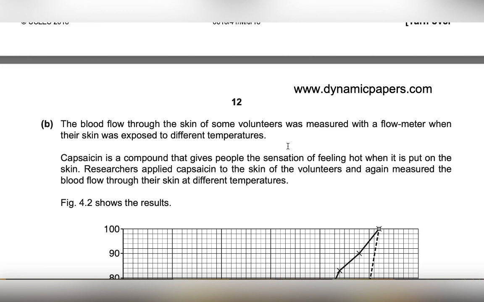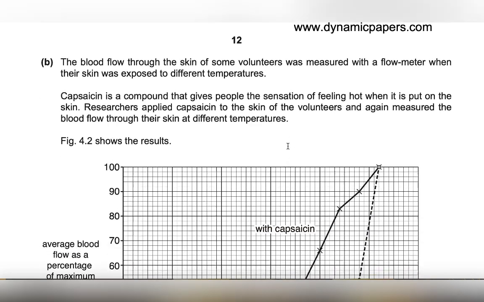The blood flow through the skin of some volunteers was measured with a flow meter when their skin was exposed to different temperatures. Now, capsaicin is a compound that gives people the sensation of feeling hot when it's put on the skin. Researchers applied the capsaicin to the skin of volunteers and again measured the blood flow through their skin at different temperatures.